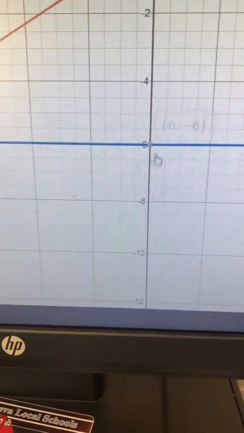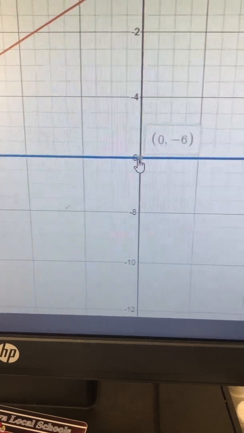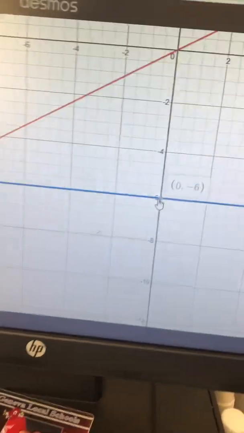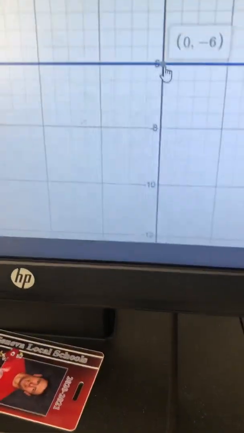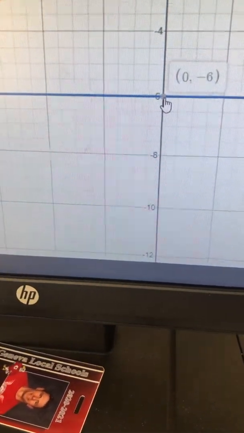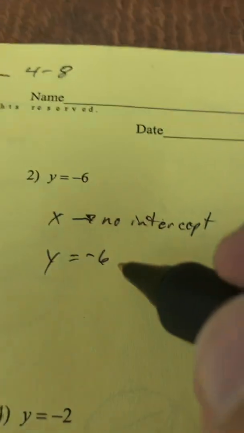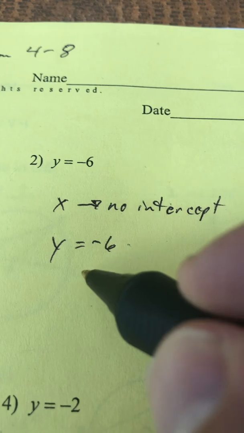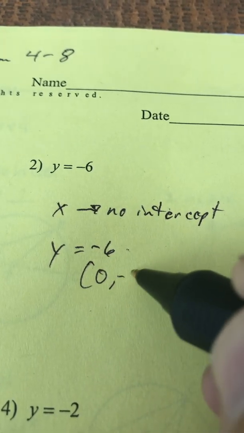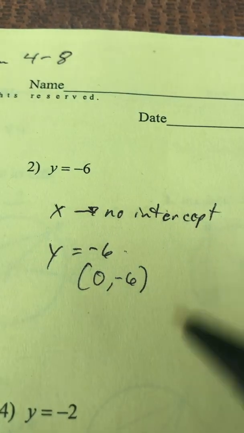You'll see that it intercepts at 0, negative 6. So that's going to be the y-intercept. The y-intercept would be negative 6, or 0, negative 6, like that.